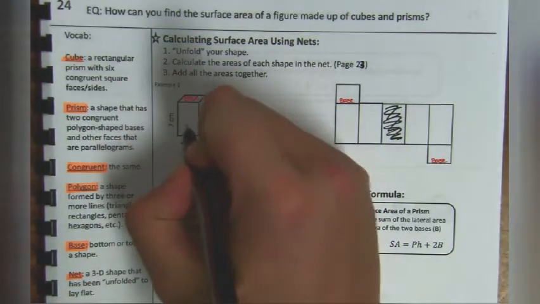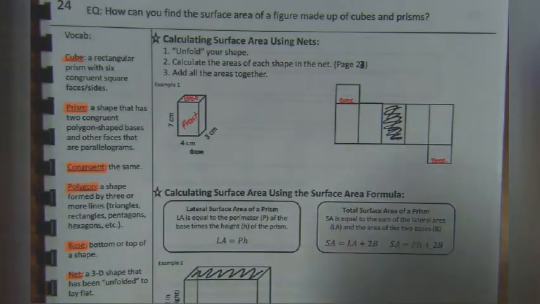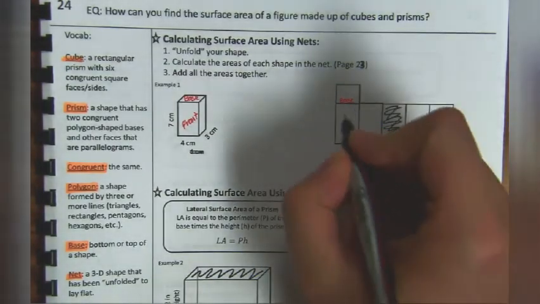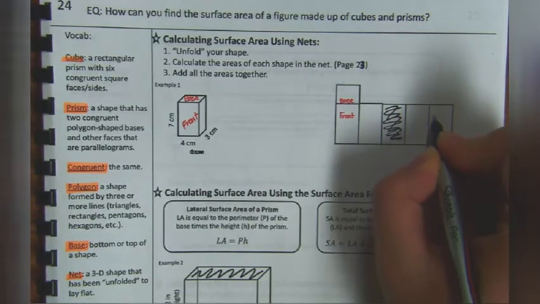Then we've got our front. We also have our back, but again, you can't see it because it's in the back. So here we've got our front. Here we've got our back.